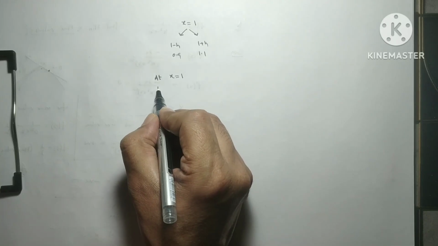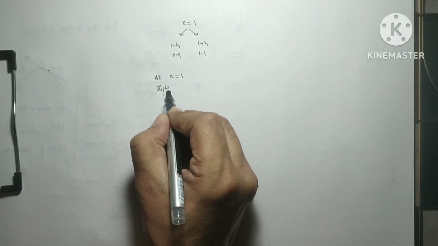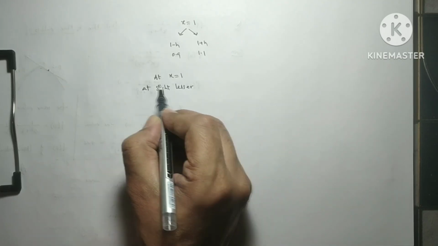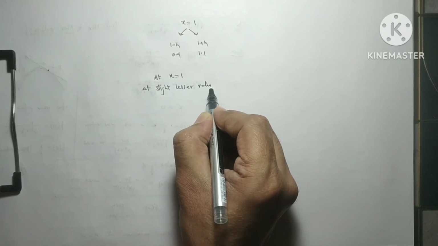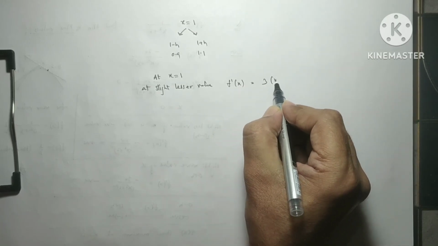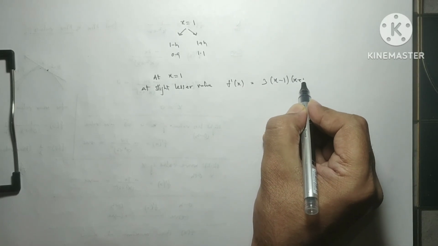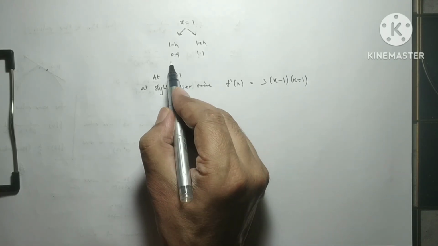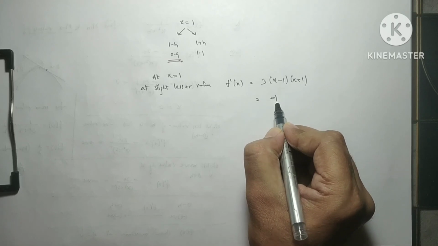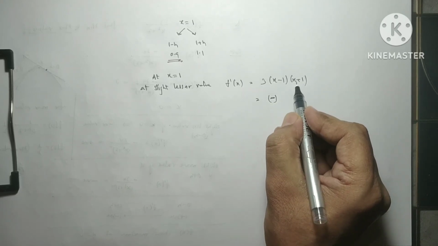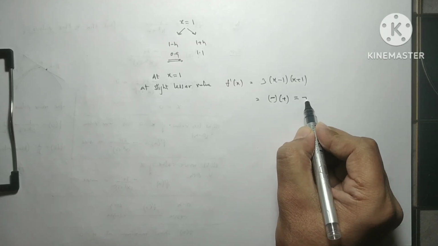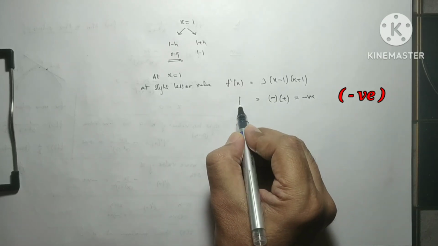On the slightly lesser value, f dash x is 3(x minus 1)(x plus 1). On putting 0.9, we get a negative factor, and with the other factor you get positive. So the sign of f dash x will be negative.